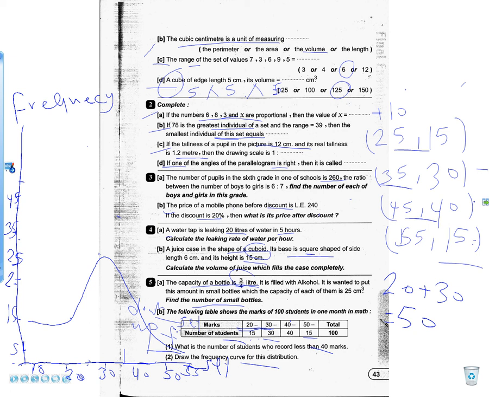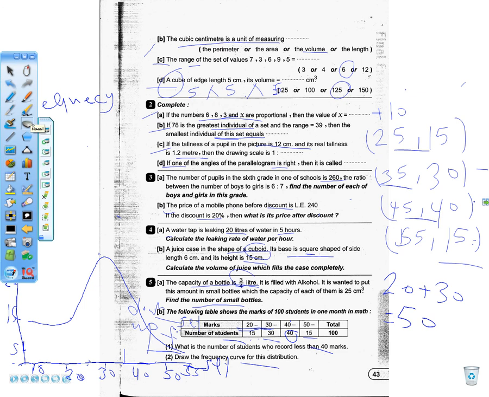If you are asked for less than or equal, we take 40 as well, but we don't have equal, so we won't take 40. Wait, we have made a mistake over here.